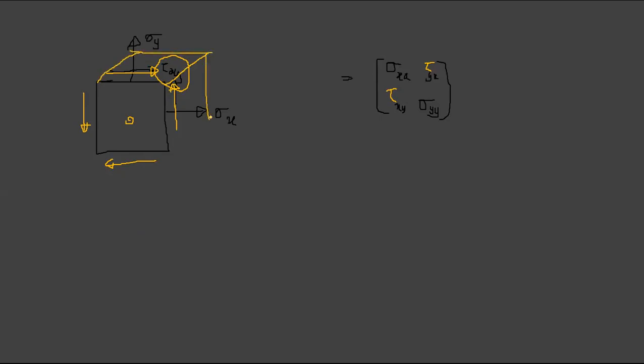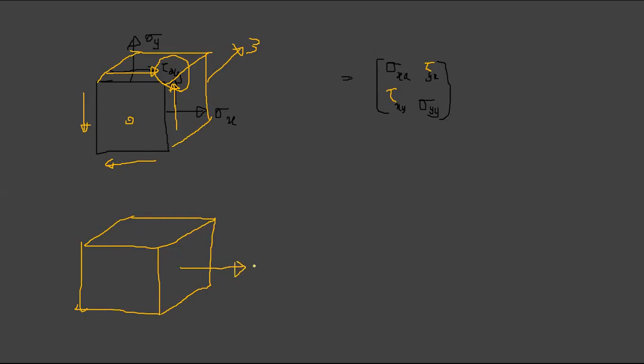So in 3D, you have another axis, let's say a third axis, okay? So if you draw a cube like this, let's say this is now sigma xx, and let's call this sigma z, the third axis.